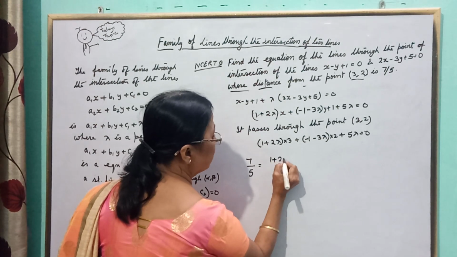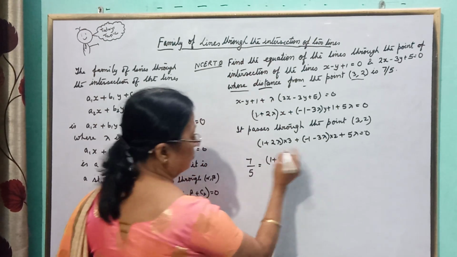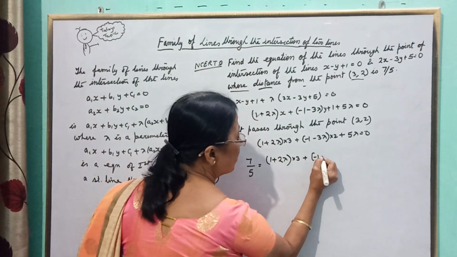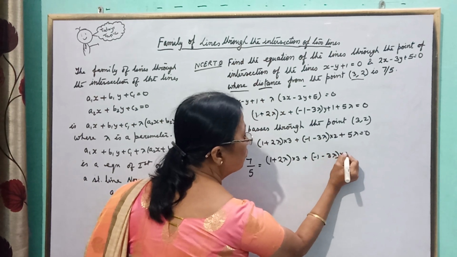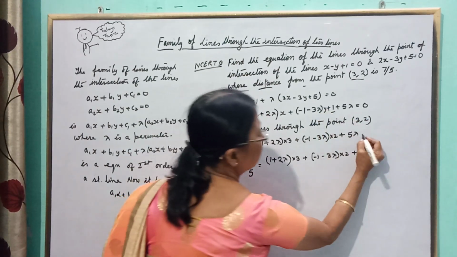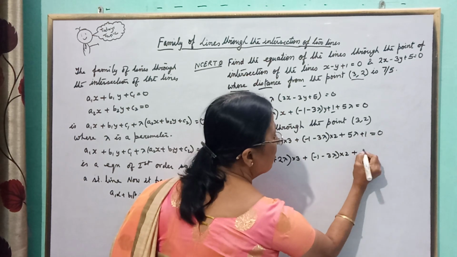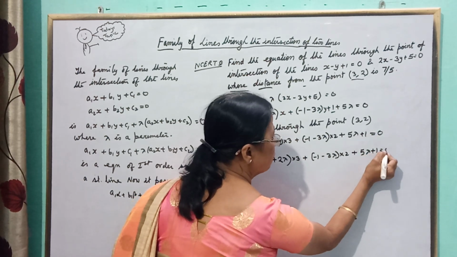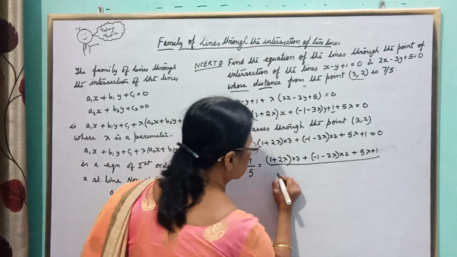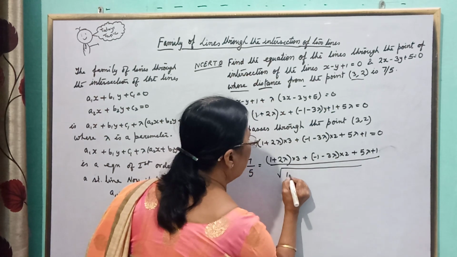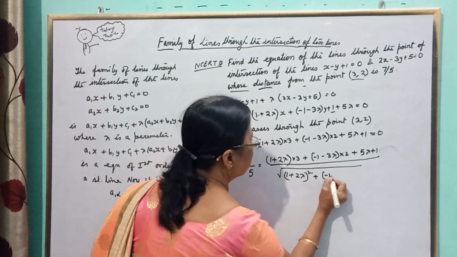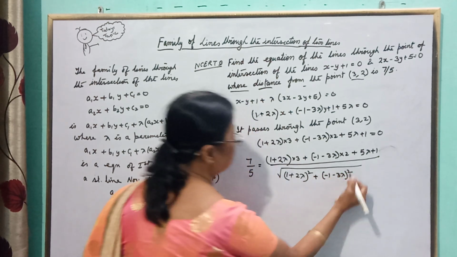(1 plus 2 lambda) into 3 plus (minus 1 minus 3 lambda) into 2 plus 1 plus 5 lambda, all over the square root of (1 plus 2 lambda) whole square plus (minus 1 minus 3 lambda) whole square.